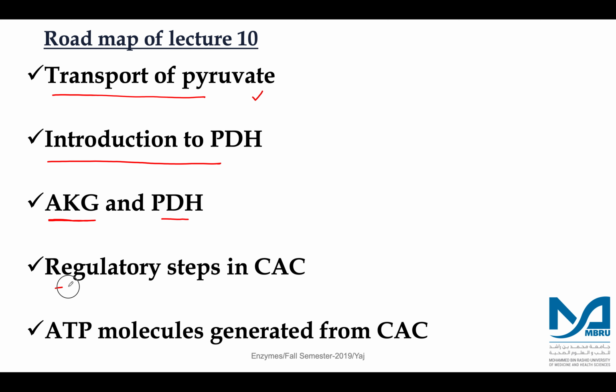Then we will also look at the regulatory steps in the citric acid cycle, and we will conclude the session with the number of ATP molecules that are generated in the process of the citric acid cycle.